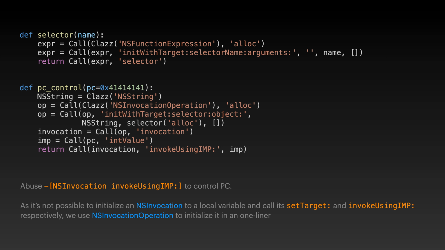Then we get the invocation property to get this invocation class instance. And finally, we will pass the desired PC value to this invokeUsingIMP method to take over this program.